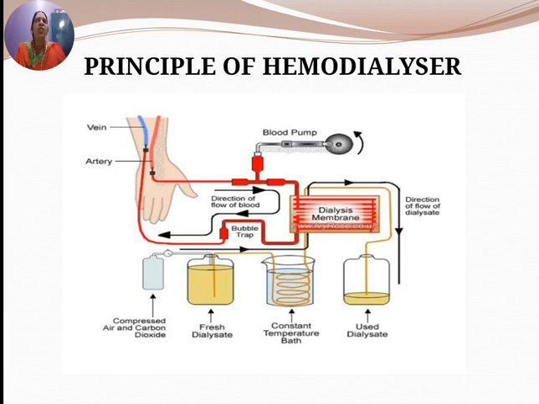When the blood passes through the membrane, fresh dialysate is pumped into the dialyzer and the blood gets purified there. The unwanted waste materials are removed and purified blood is sent back through the tube into the vein.